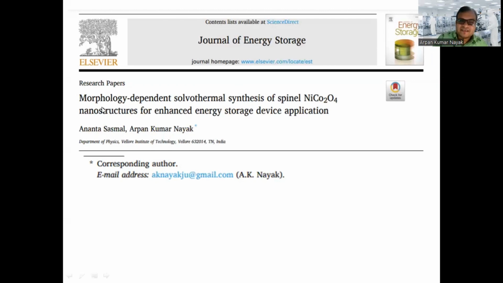One finding here is morphology dependent. Morphology means size, shape or image, and dependent means various sizes and shapes are there. So that is one finding: we are getting various morphologies. Next, another finding you can see is enhanced energy storage device application.